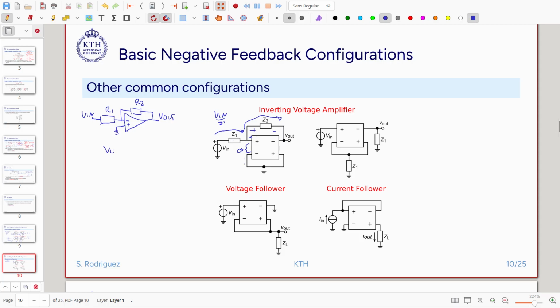Also this V out will be equal to, if this is ground, this is 0 volt, the voltage that we have at the output is going to be negative, and it is going to be equal to the current times the impedance, and V out divided by V in is going to be equal to minus zeta 2 divided by zeta 1.